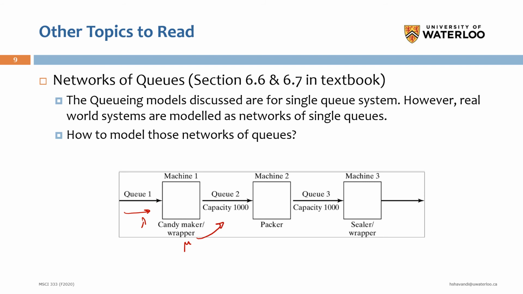By doing this, we can somehow analyze network queuing models mathematically, but usually for these kinds of complex systems, it's better to go for simulation instead of doing mathematical analysis.